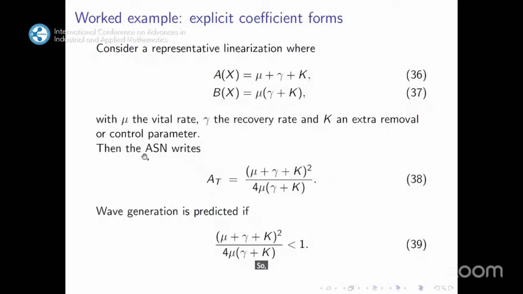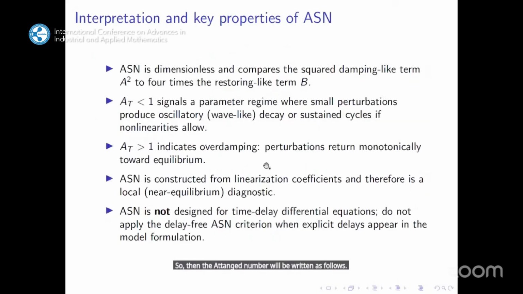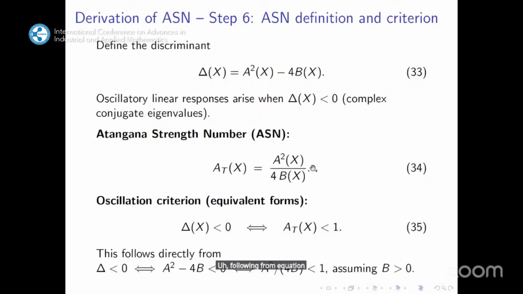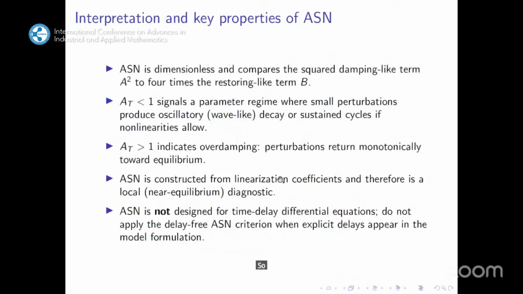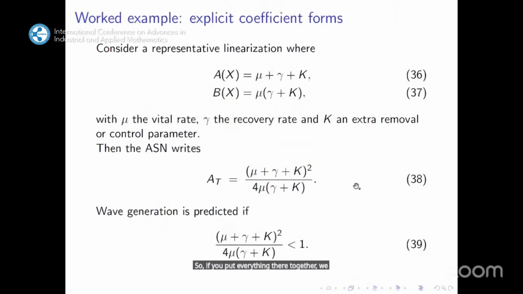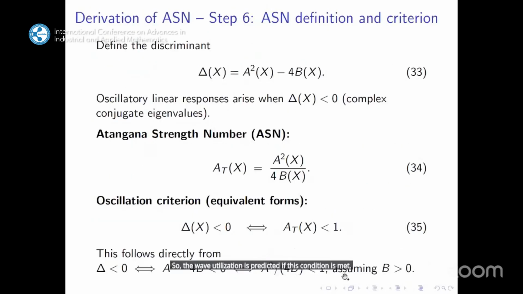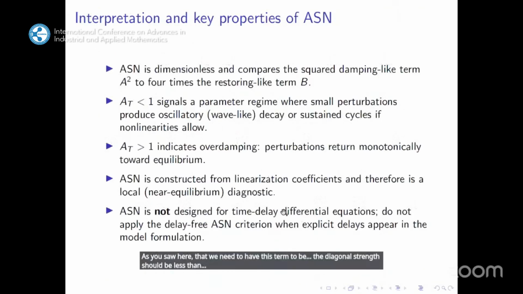Then the Atangana strength number will be written as follows, following from equation number 34. If we put everything together, we get that. And so the wave generation is predicted if this condition is met, as you saw here, that the Atangana strength number should be less than 1.